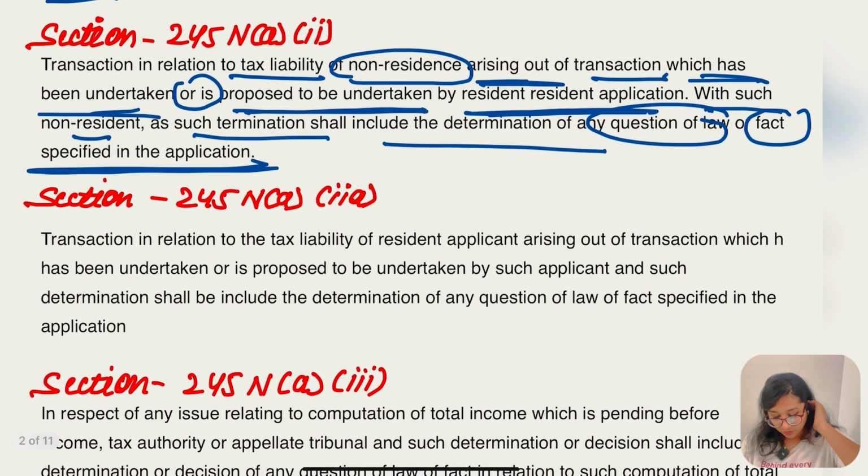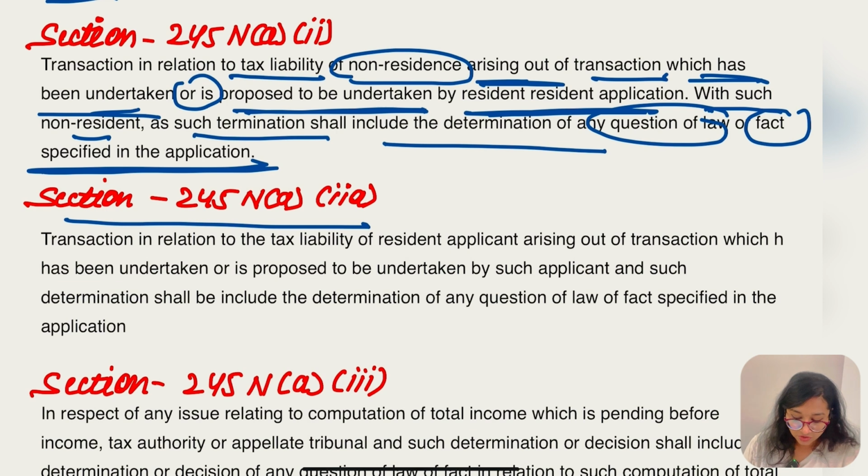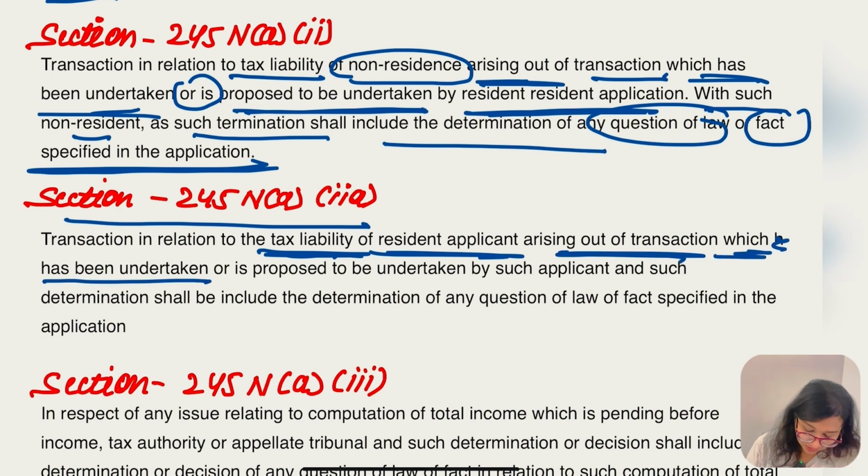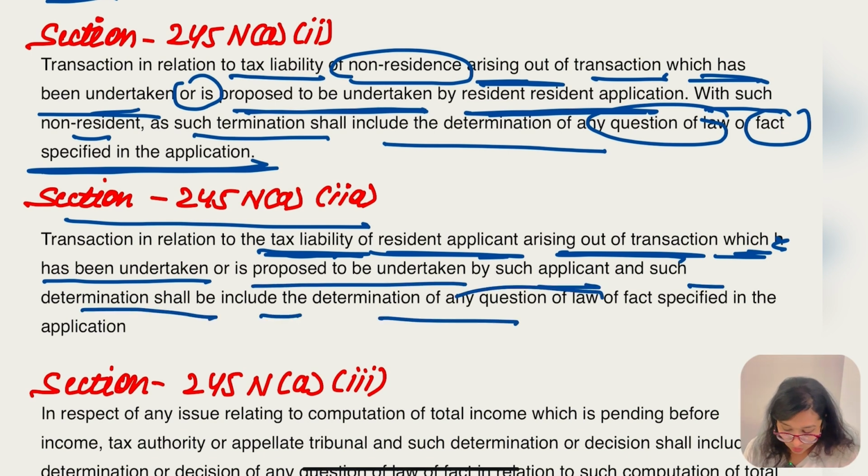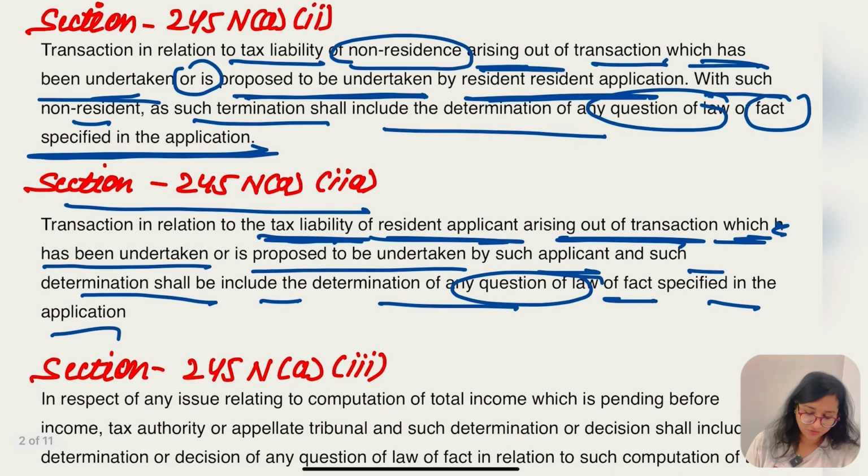Okay, let's go to the other section of this part, Section 245 and subsection A, clause 2A, which says the transaction is related to tax liability of a resident applicant arising out of a transaction which has been undertaken or is proposed to be undertaken by the applicant, and such determination shall include determination of question of law or fact specified in the application.